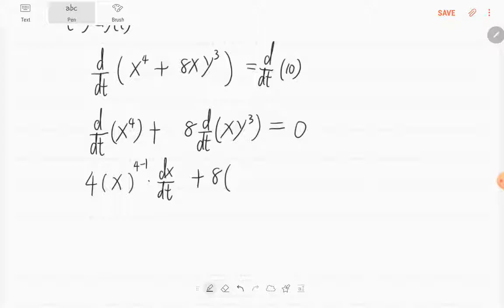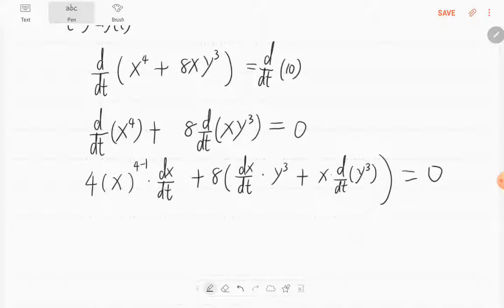So this is the product of two functions, right? One function is x, the other function is y cubed. So we use the product rule. So this would be the derivative about t for the first function times the second function plus the first function times the derivative about t for the second function, y cubed, equals 0.